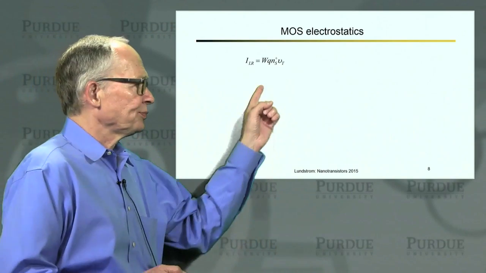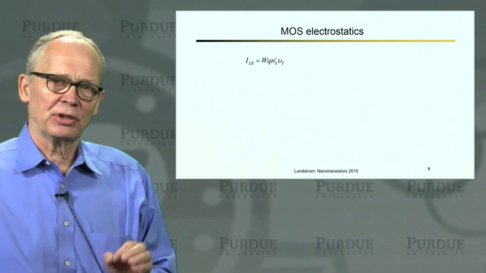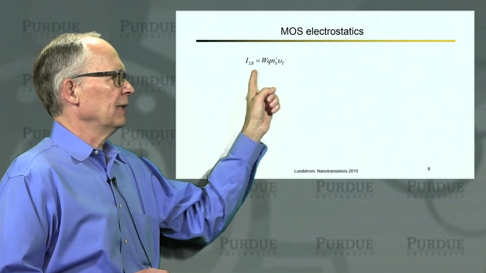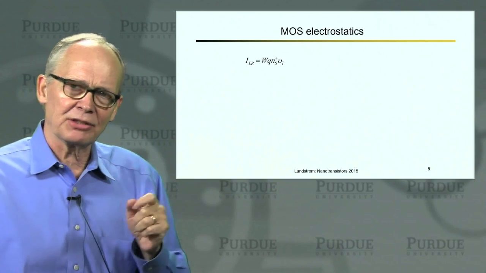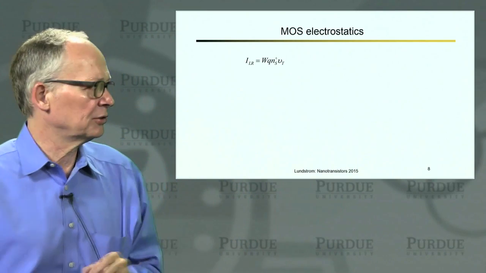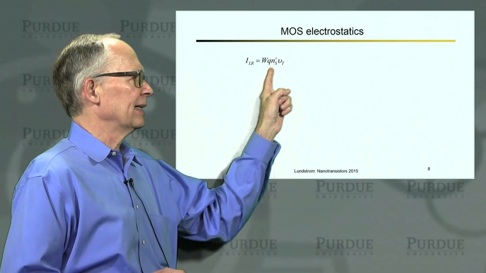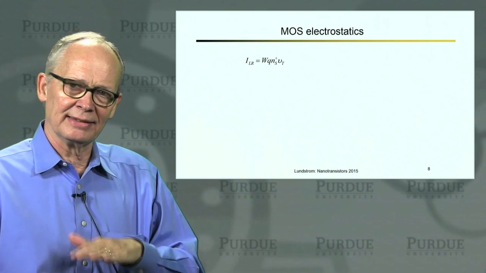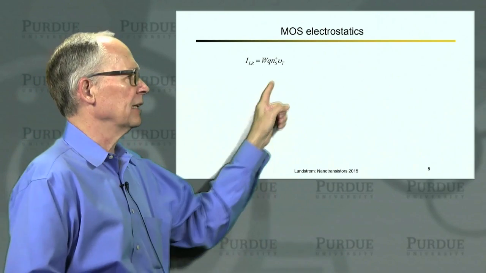Okay, so we can always write current as a product of charge times velocity. The current from the left to the right is carried by electrons with positive velocities, electrons moving in the plus x direction. So I'll write that as n sub s, because it's sheet electron density per square centimeter in the inversion layer.